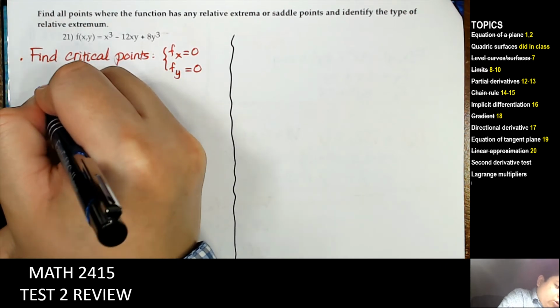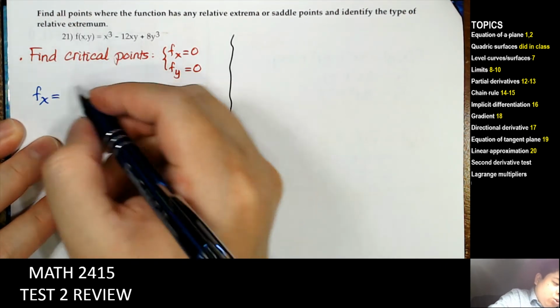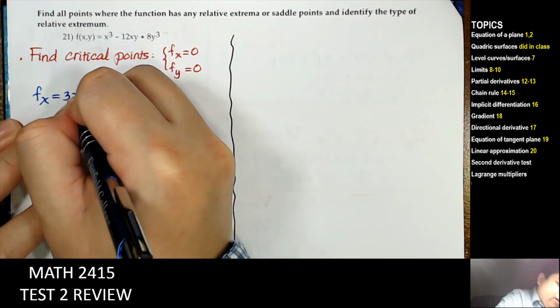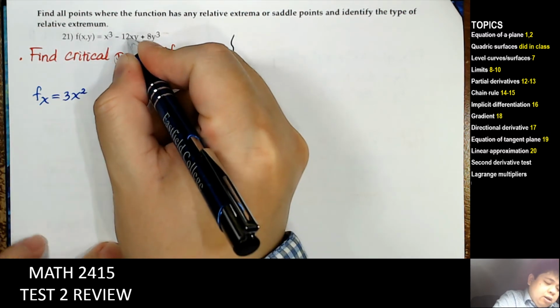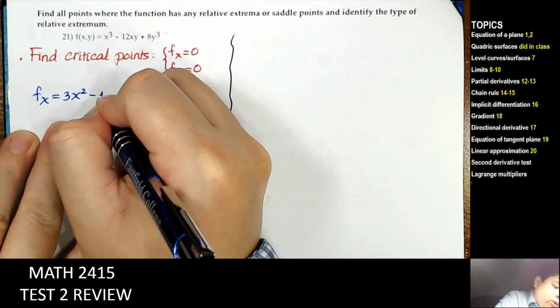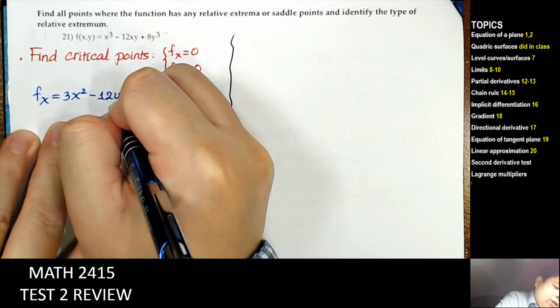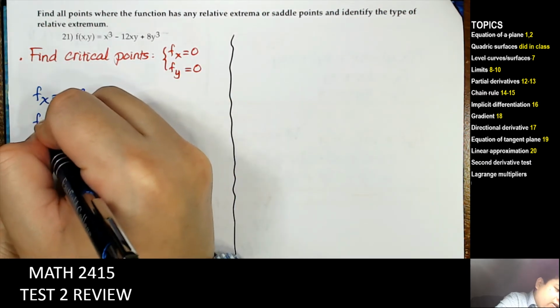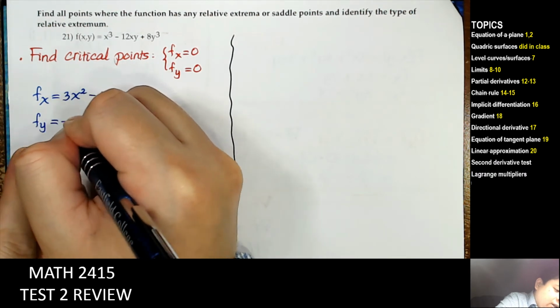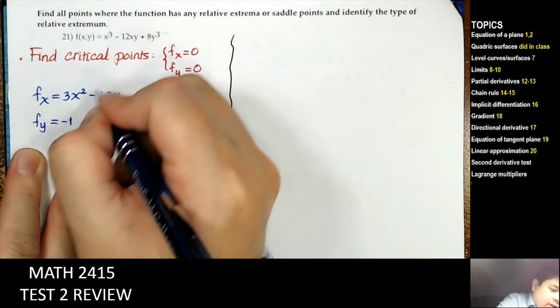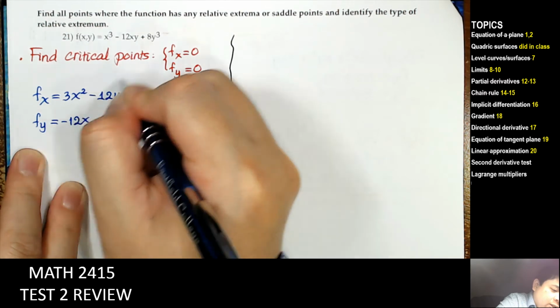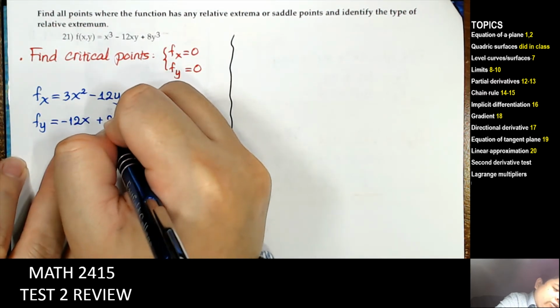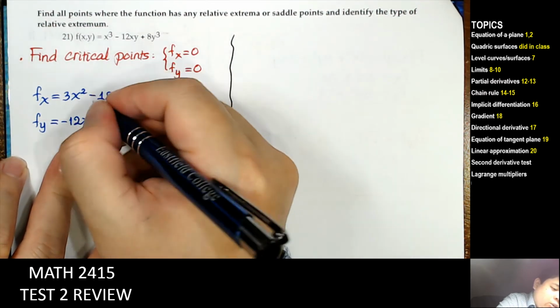Right, take the derivative with respect to x. That gives us 3x squared minus 12y, and the derivative with respect to y, negative 12x plus 24y squared.